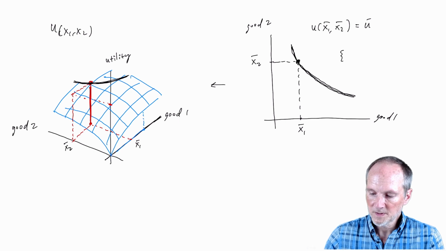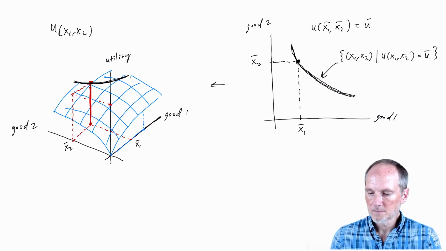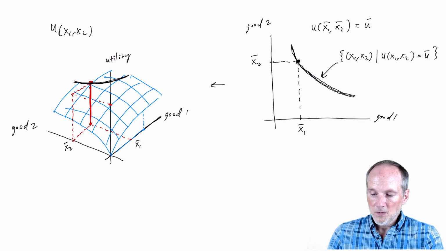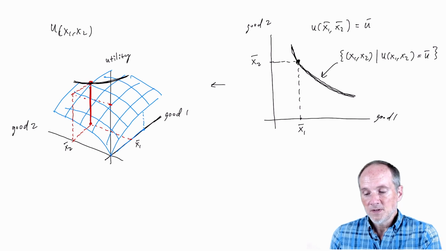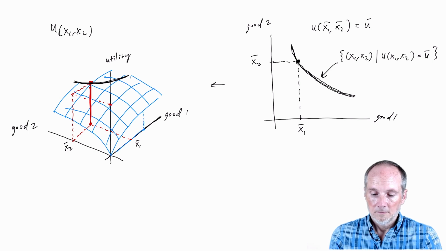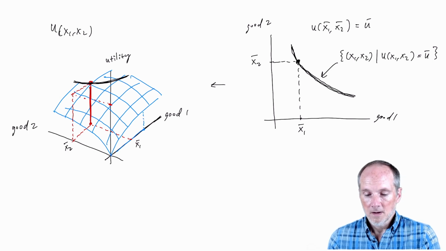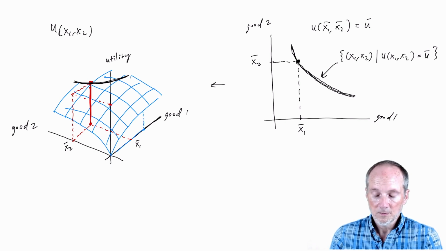So this curve that you're walking over, we can write in standard notation. That's going to be the x1, x2 bundles such that the utility is equal to u bar. That's what this curve is. Those are basically all the bundles that have the same utility as x1 bar, x2 bar. Now, remember, we assign higher utility to better bundles, lower utility to worse bundles.